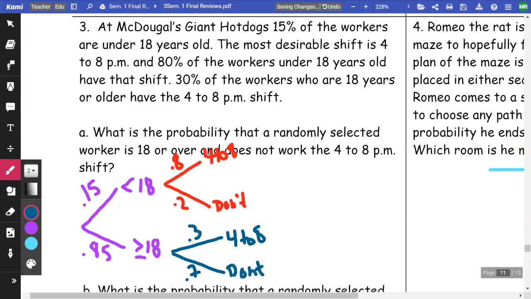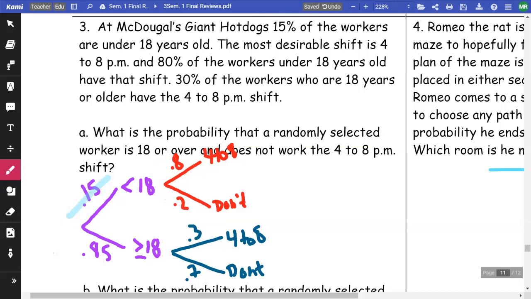Okay, so I'm just going to compute these. What I'm doing when I do this multiplication is taking 0.15 times 0.8, then 0.15 times 0.2 and so forth.